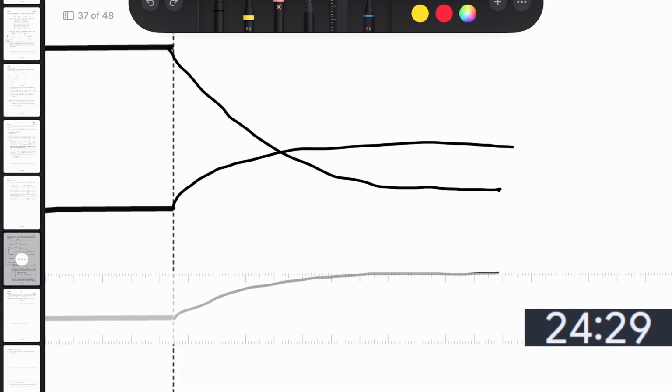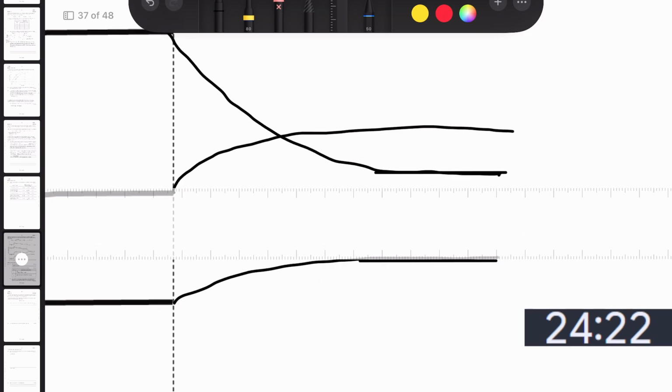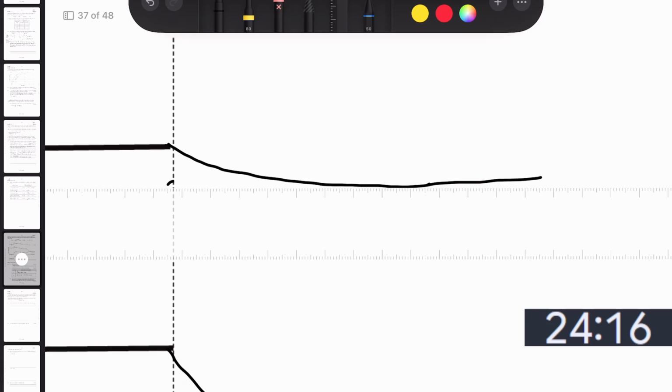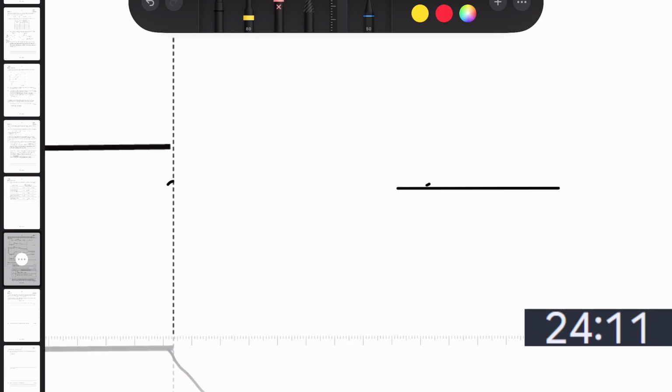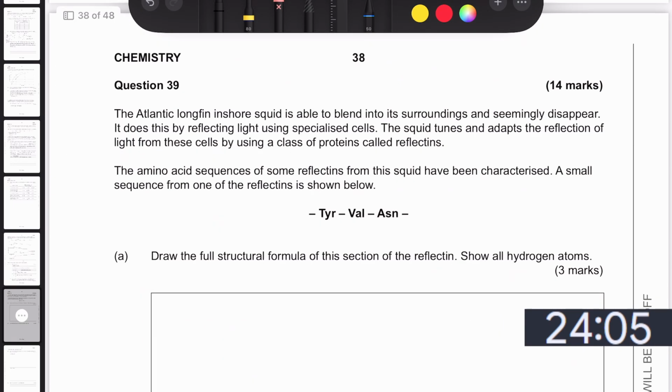Ooh, that's very ugly. Ooh, that's also very ugly. It's alright. We will deal with it because we are running low on time. I don't think I've ever run low on time before. Well, if I run low on time, I mean, I might not finish the exam.